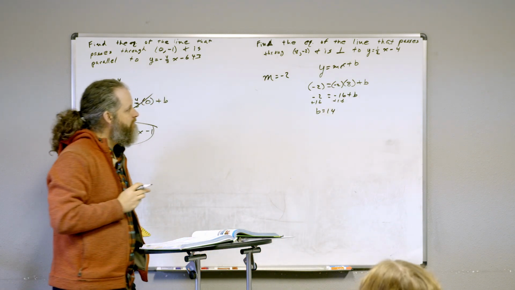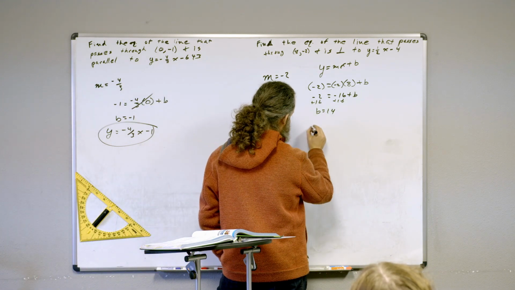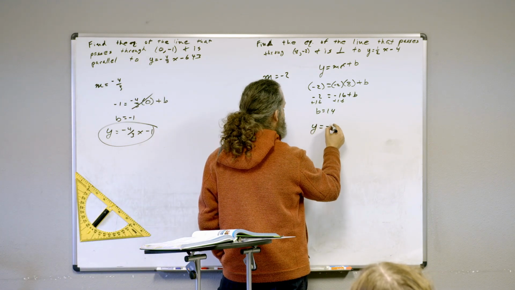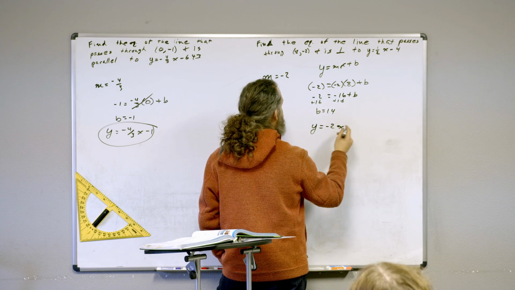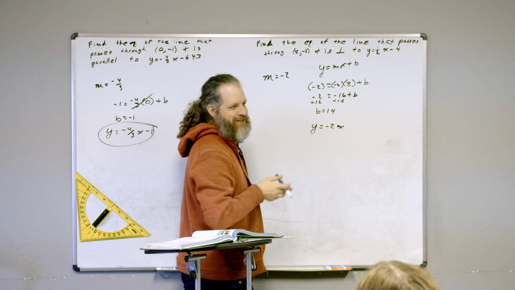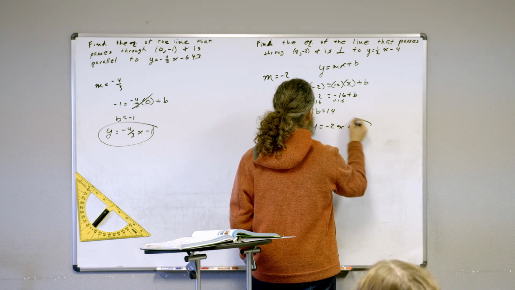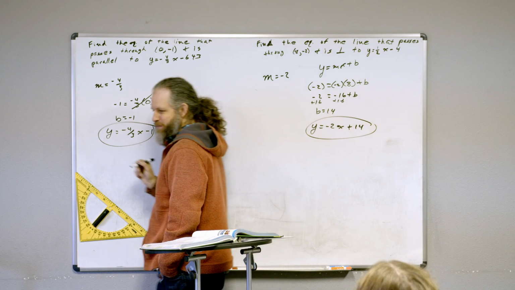Now what? Yeah. Don't forget to put the correct slope in there. I've seen people make the mistake of doing everything right and then accidentally putting that slope in the answer. So make sure you put the slope that belongs with our line, not the one that's perpendicular to.